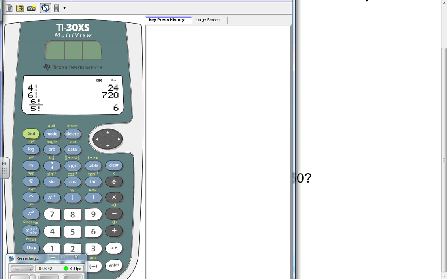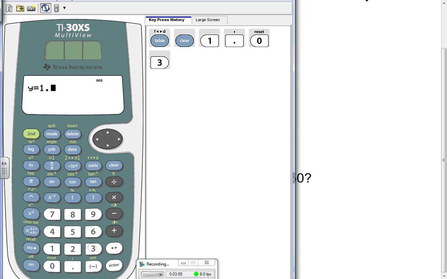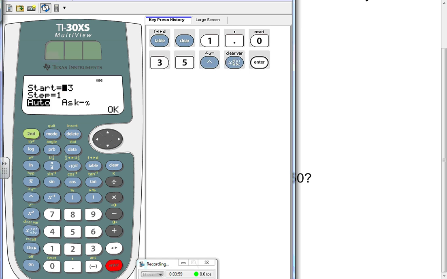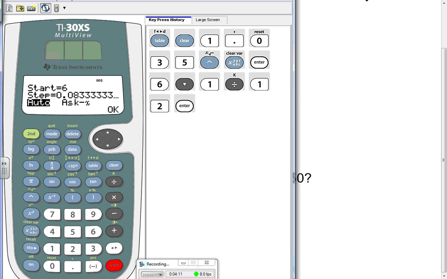So in the table function, if you have something there, just clear it out. I'm going to put 1.035 to the x. Press enter. Your start should really be, at this point, higher than 5, because we knew at 5 years it was only $593. And I'm going to step by 1/12 because we can narrow this down to months.